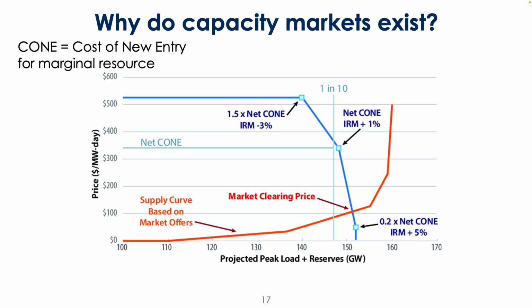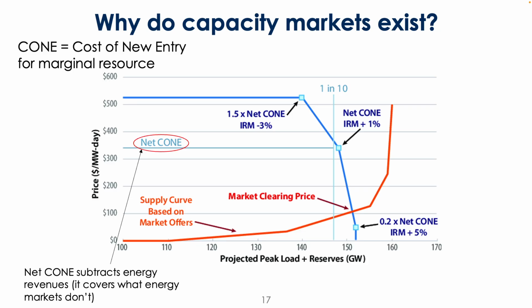And we say net because we actually subtract away what they would earn from energy. So this is the difference between that cost of new entry minus what they would receive in payments from energy. And so that tells us essentially the difference that needs to be made up in order to incentivize someone to build, right? Okay, yeah, it subtracts energy revenues, it covers what energy markets don't.